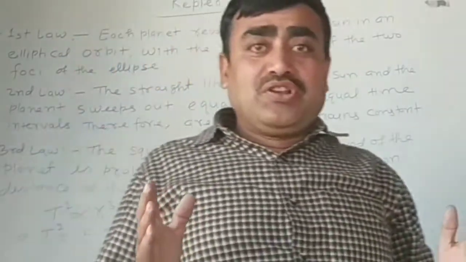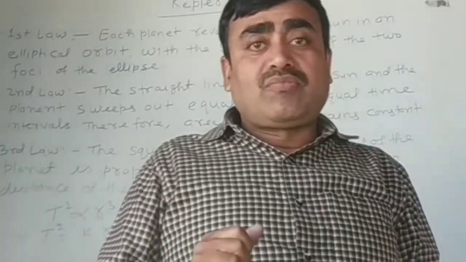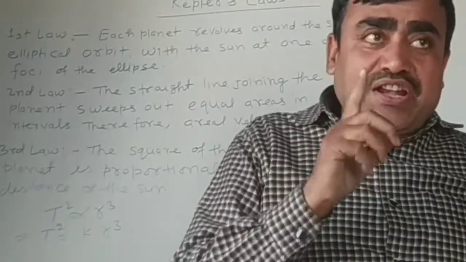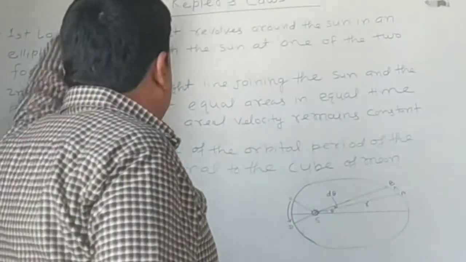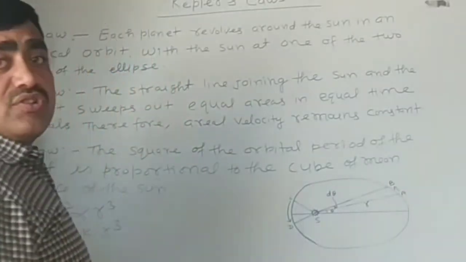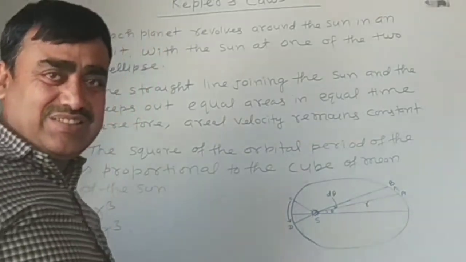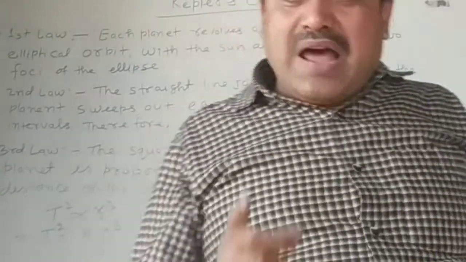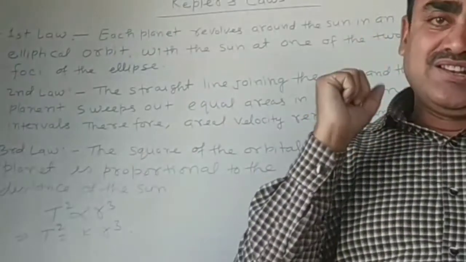Like Newton's laws of motion, Newton gave three laws related to motion, in the same way Kepler gave three laws related to planetary motion. Okay? How planets revolve around the sun.